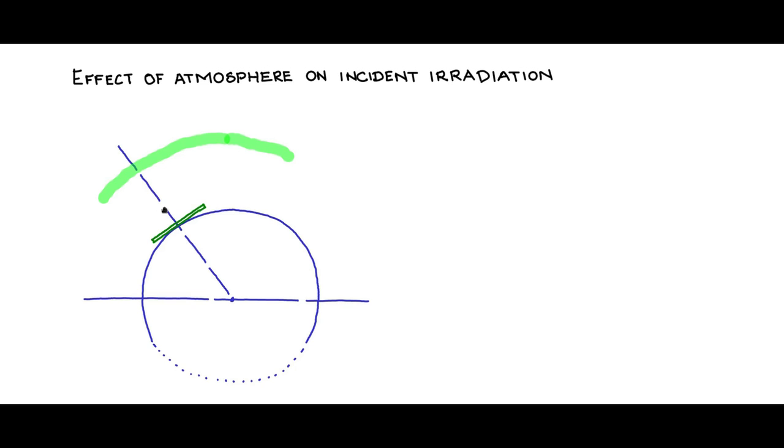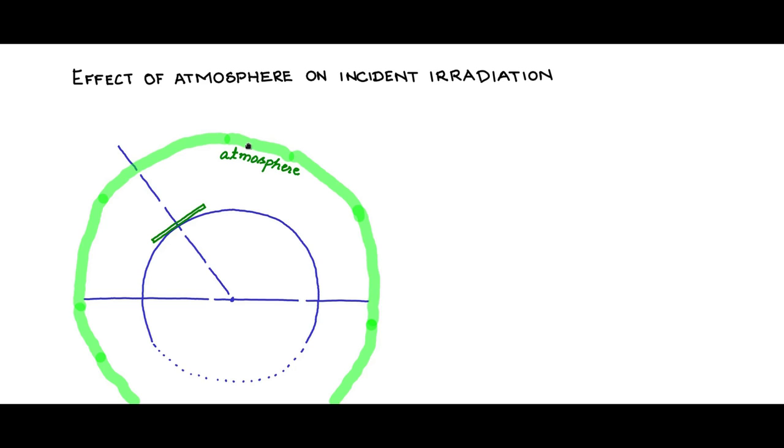Now let me draw the outer atmosphere like this. So in green, this is the outer atmosphere, and the outer atmosphere is mostly ozone. What I have shown in green would be the ozone layer, and you have the atmosphere within up to the surface of the earth.